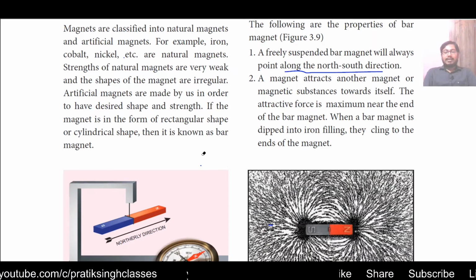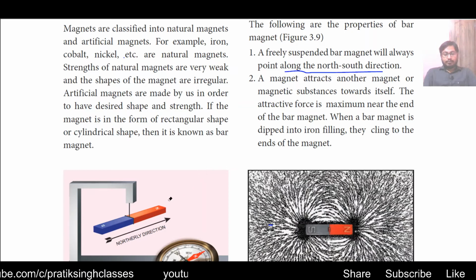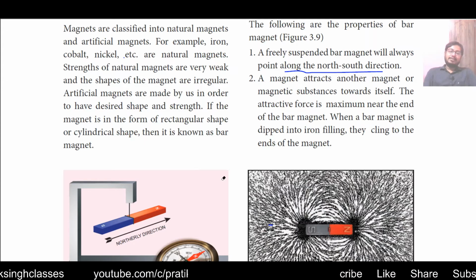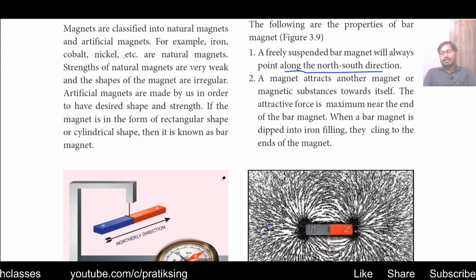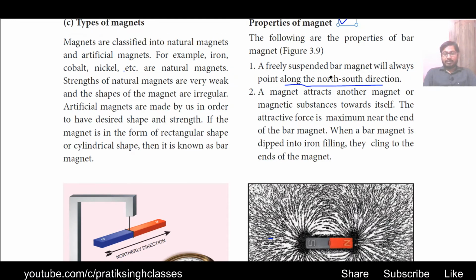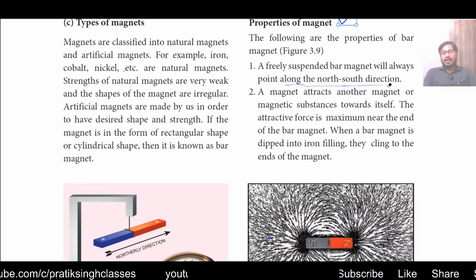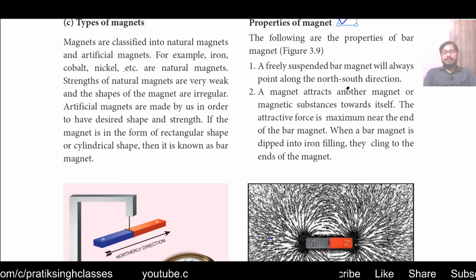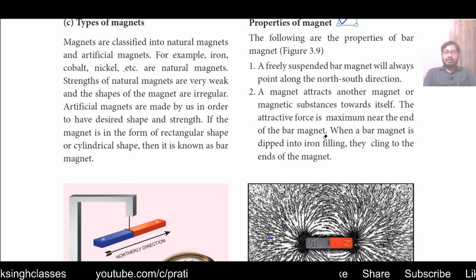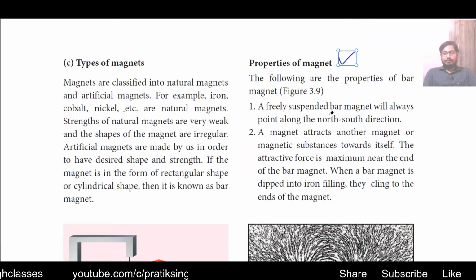The end that points north is really the north-seeking pole, and the end that points south is the south-seeking pole, because unlike poles attract each other and like poles repel.